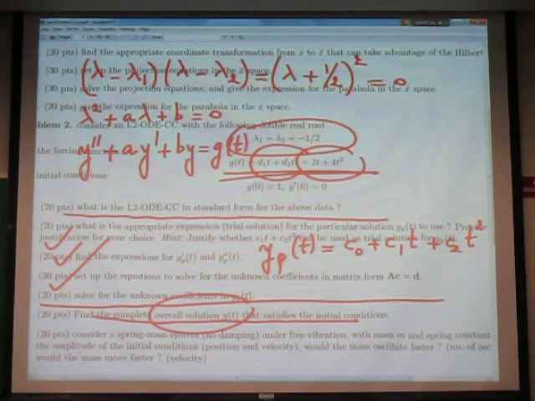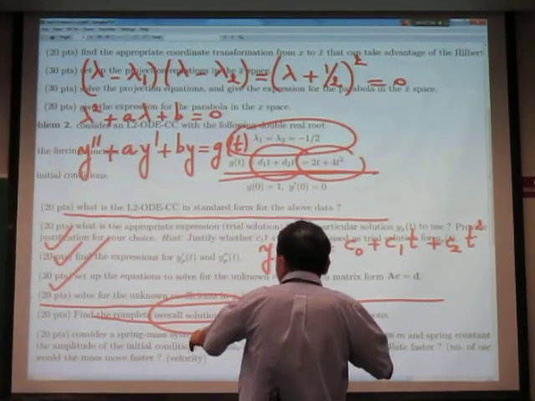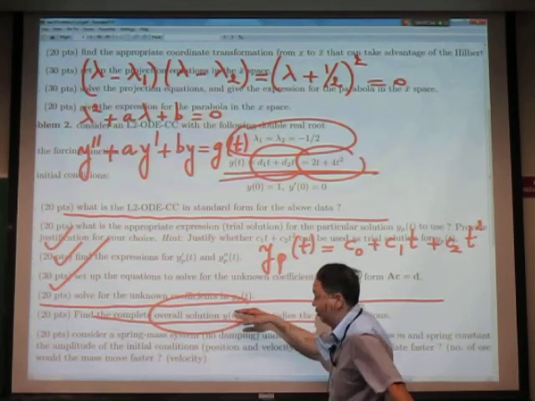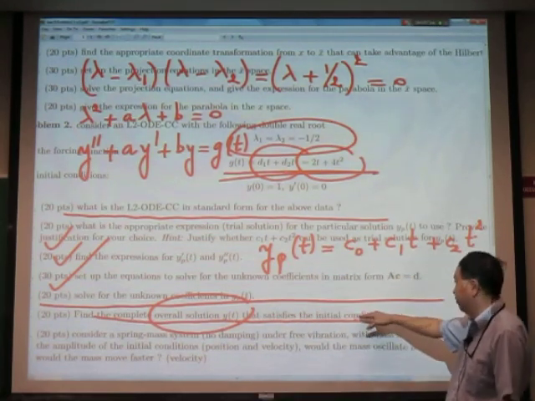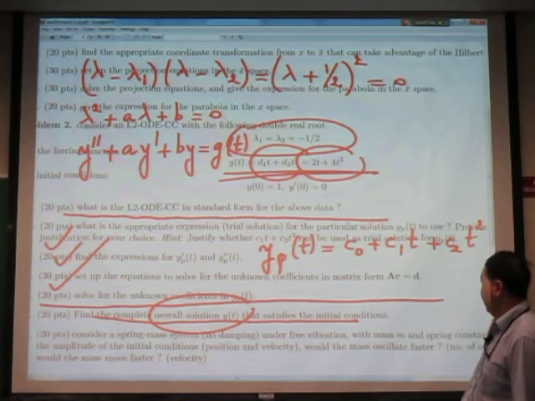But do not solve for those 2 free parameters until after you add the particular solution to the homogeneous solution. Once you do that, you obtain the solution for this question.